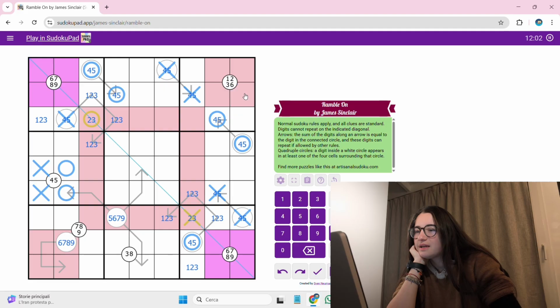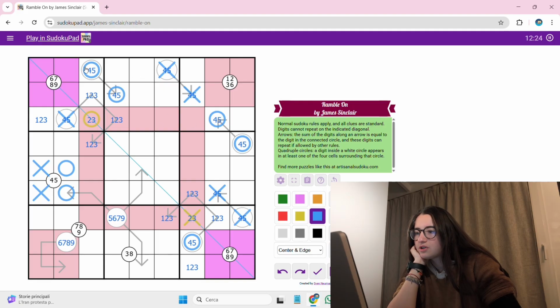So what can I think about this? 1, 2, 3. Okay. I think the key is thinking about this. There must be an option, like some options, or maybe cross, cross, cross, circle, circle, circle, cross, cross, cross.